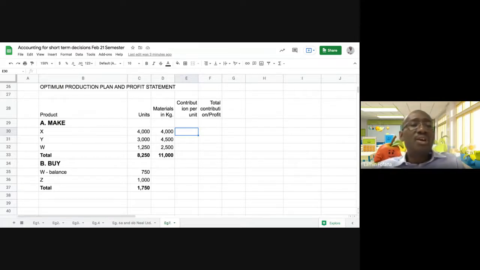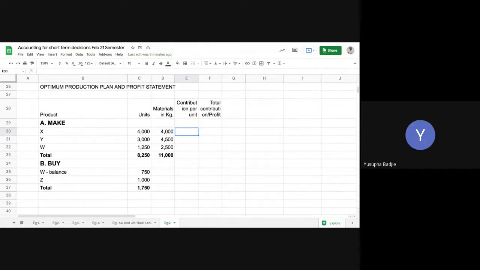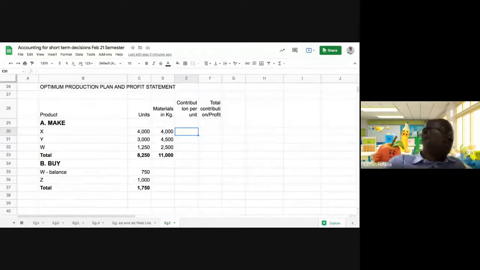Now, what is our contribution per unit for X? It's £4. Good. How did we get the £4?